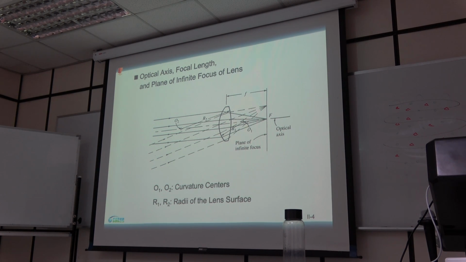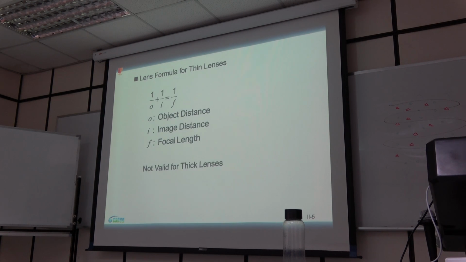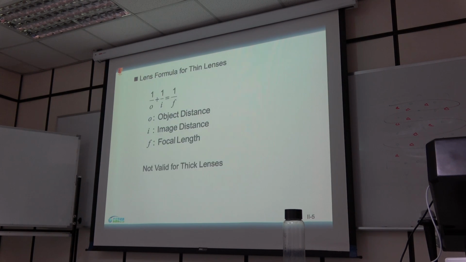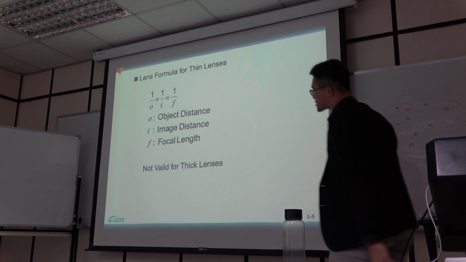Okay. So here it defines the optical axis, focal length, and also the curvature center of those lenses. This is the lens formula for the thin lens, so this is kind of general. We have two distances here.